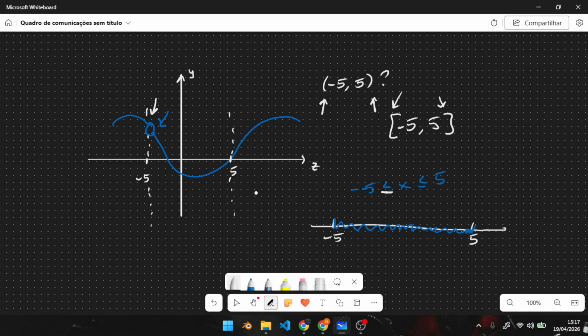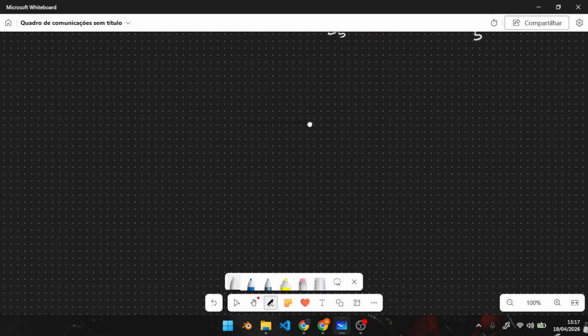Another very interesting thing that I learned this week is that sometimes you can have a function that behaves in a certain way between an interval, okay, but it's not defined for a certain x. Let me try to come up with an example here.